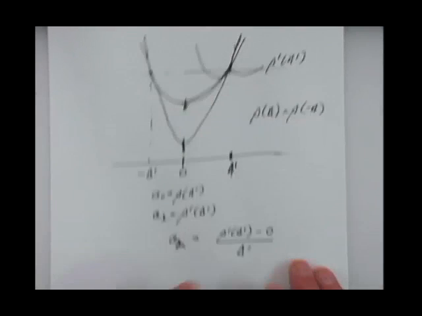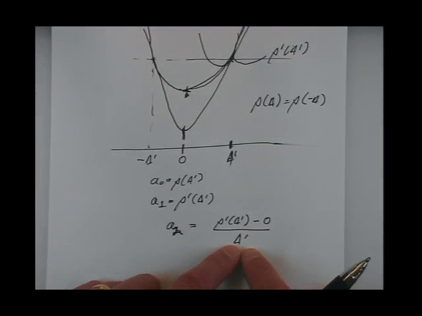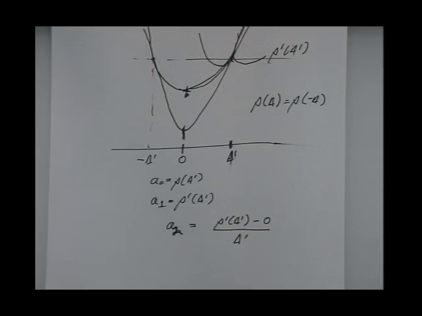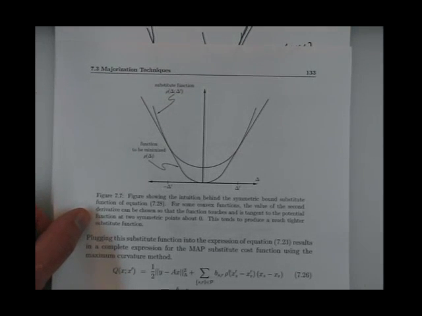So the second derivative must be rho prime of delta prime minus 0 over delta prime. So this is the formula, assuming I did it correctly, for the most commonly used quadratic substitute function. And this is the picture here.